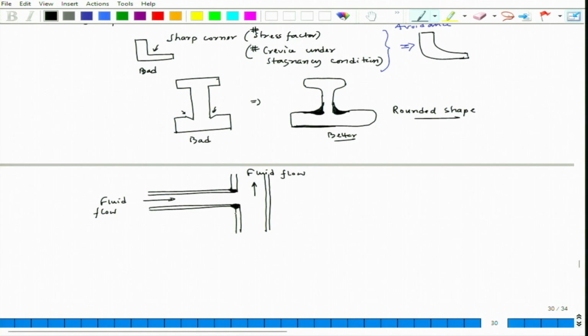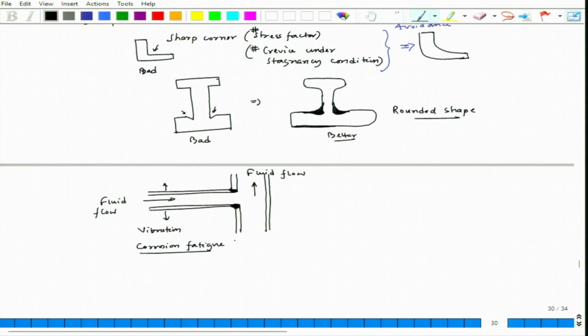Now, whenever we have this kind of situation, there could be a possibility of vibration. And since the fluid is corrosive, there could be a possibility of failure in that particular pipe system, and that is related to corrosion fatigue.